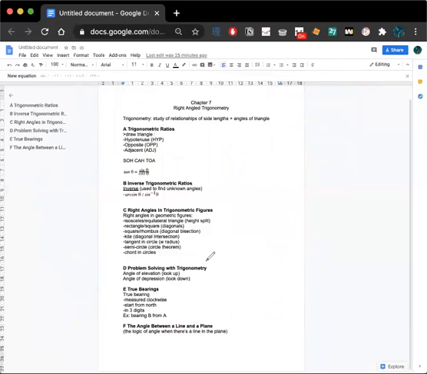And then lastly, we have the angle between a line and a plane. This is also pretty easy, and fairly similar to the angle of elevation, except this is usually 3D.